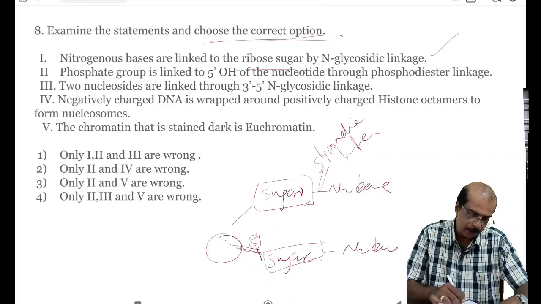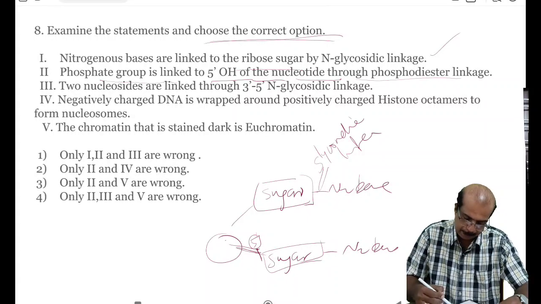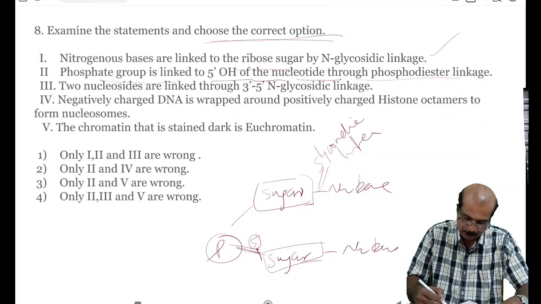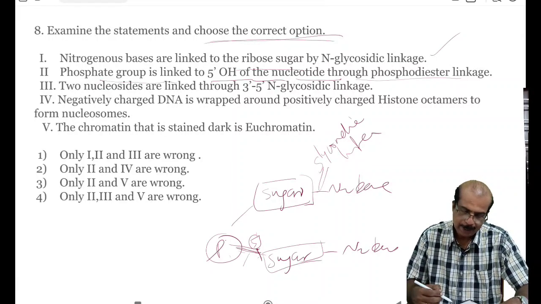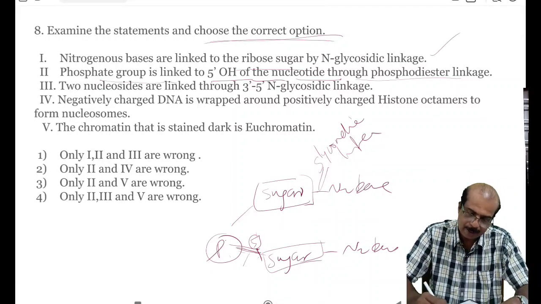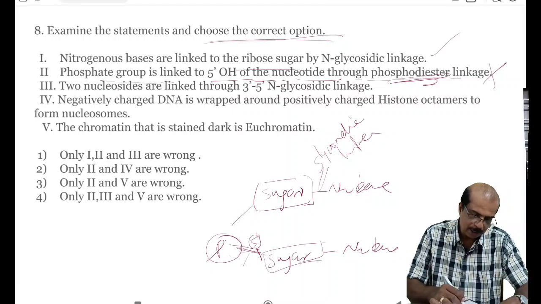Second one, phosphate group is linked to 5 prime OH of the nucleotide through phosphodiester linkage. The phosphate group attaches to this 5 prime with the help of a single ester bond. Phosphoester bond, not phosphodiester linkage. So this statement is a wrong one. Two nucleosides are linked through 3 prime 5 prime N-glycosidic linkage.